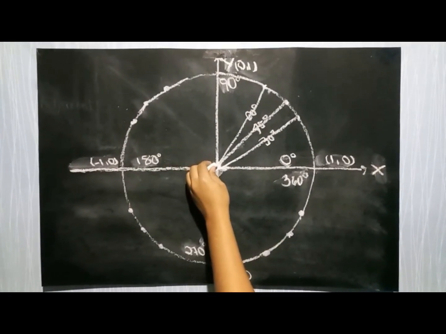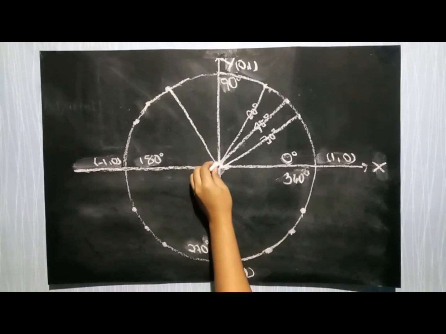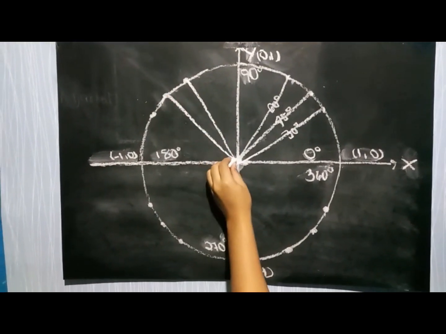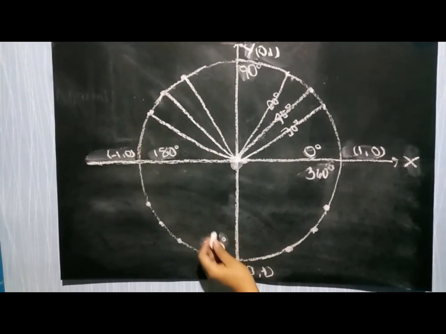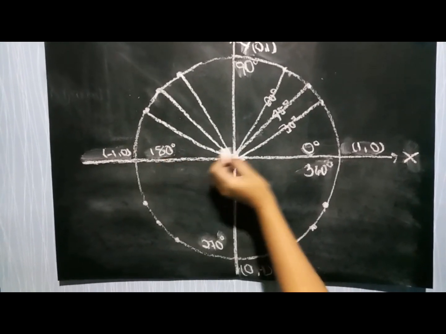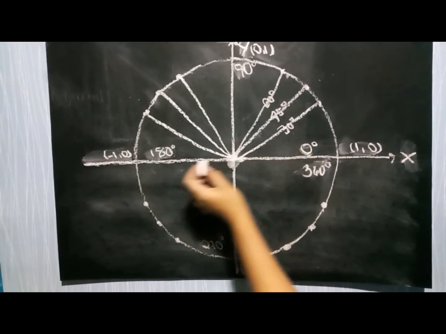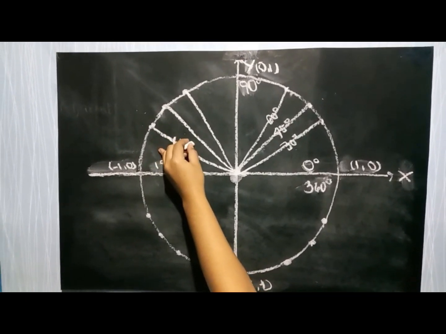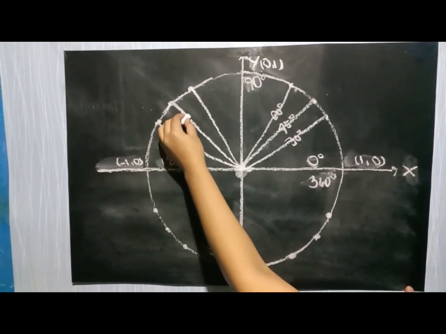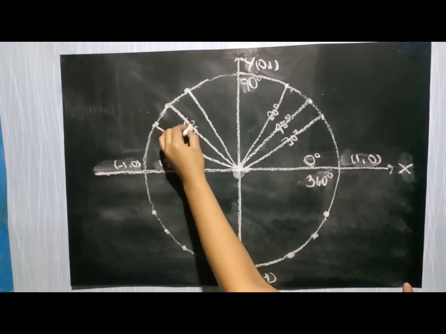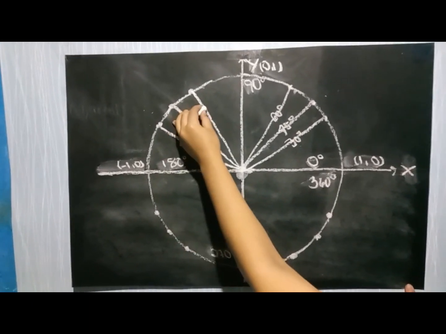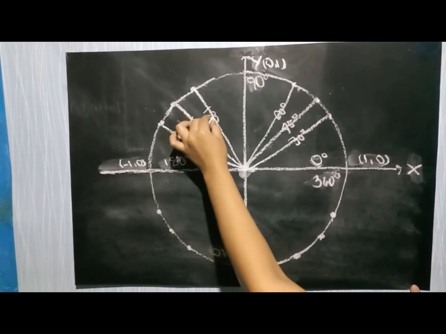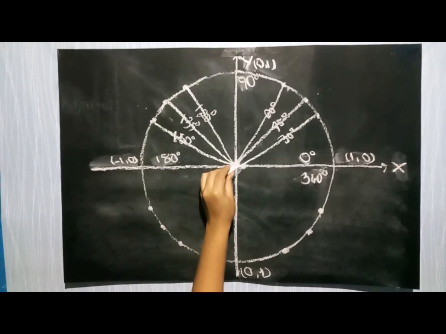In order to get the values of the second quadrant, we need to subtract the corresponding degrees in quadrant 1 from 180 degrees. 180 degrees minus 30 degrees is equal to 150 degrees. This one is 135 degrees and 120 degrees.